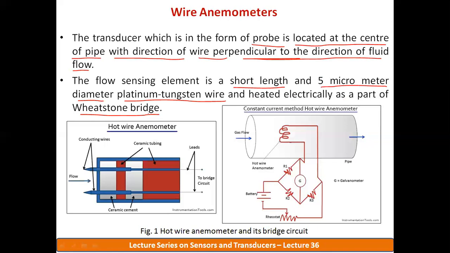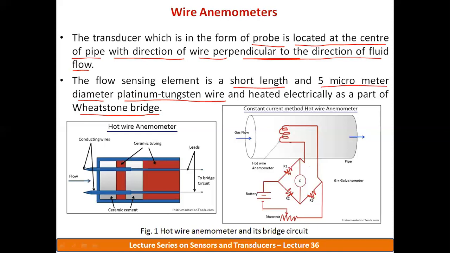We already know, from the previous discussions in various transducers, we have seen this Wheatstone bridge used. Generally a Wheatstone bridge is used to measure the change in resistance, correct?